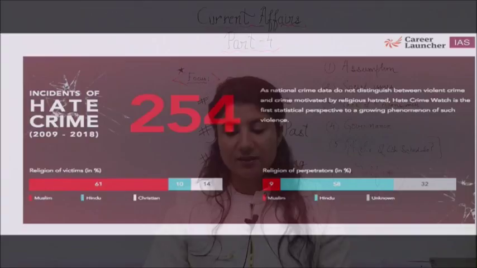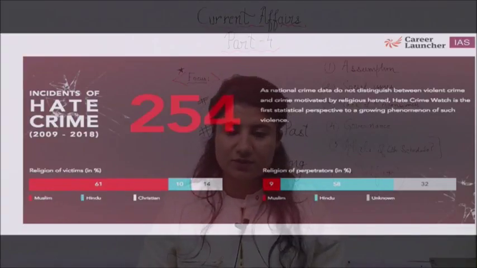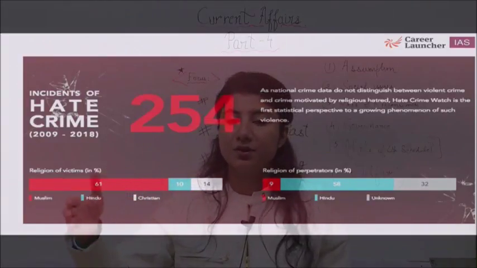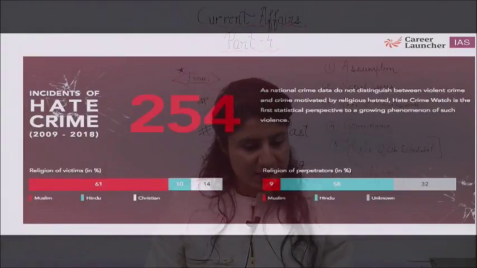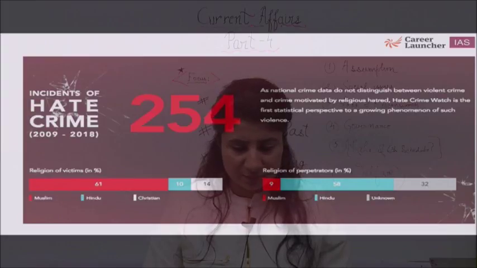Therefore, Hate Crime Watch is the first statistical perspective on a growing phenomenon of such violence, religious hatred motivated violence. If you see the religion of victims in percentage, Muslims are approximately 61%, Hindus 10%, and Christians probably 14%. So you see the situation which is in front of you.